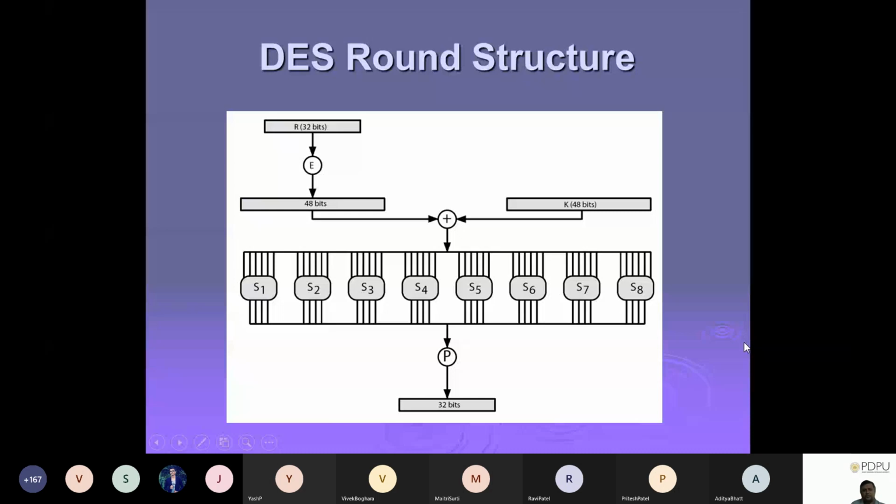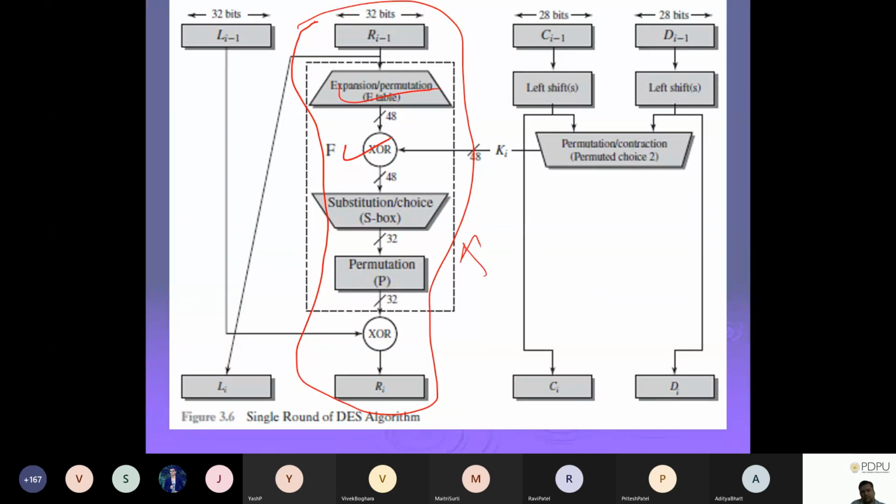So this diagram and the round I have done, both are the same. Is that correct or not? No, sir. Okay, what is the difference? XOR is missing. XOR is there, no? Here it is there, downward XOR. Which one? Yes, sir, this one.